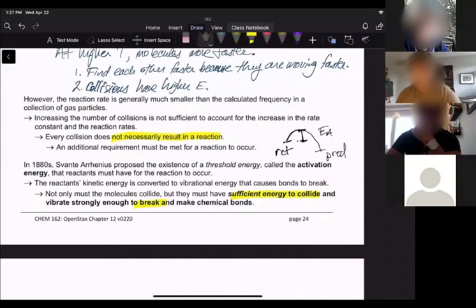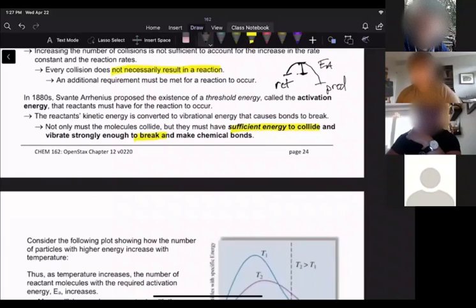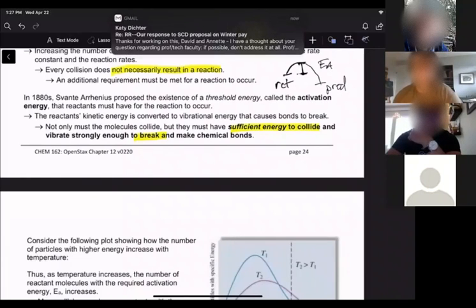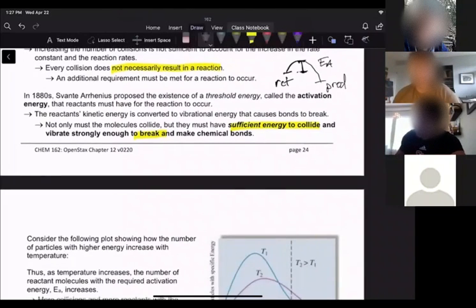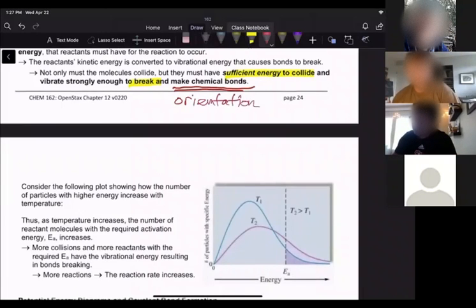So they have to get up over that barrier in order to have a reaction. But that alone doesn't explain the actual data that we find. They also need to have the correct orientation to make the chemical bonds, right? So that's going to be this one. All right, so we'll come back to that.